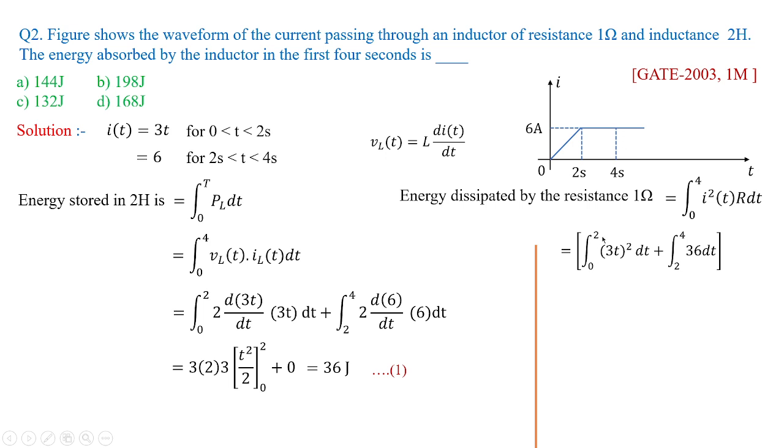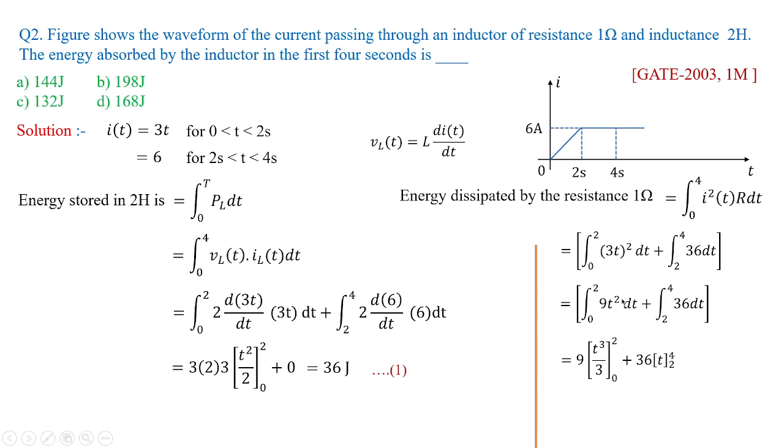So I have from 0 to 2, 3t for 0 to 2 seconds. So this becomes (3t) square dt, plus 2 to 4, you have i square R dt, R value is 1 again, and the value 6 squared becomes 36 dt. In fact, when you rearrange, you're going to get 9t square dt, integration of 0 to 2, plus integration of 36 dt from 2 to 4.